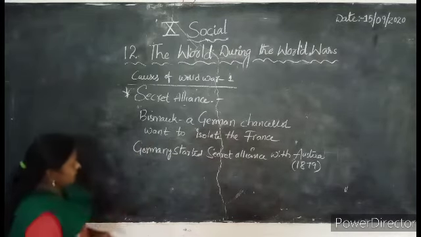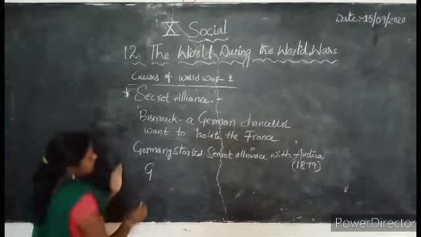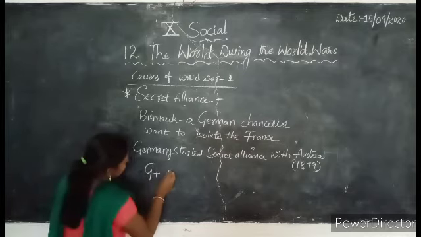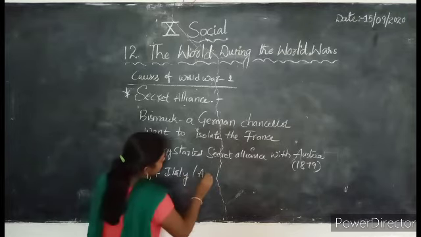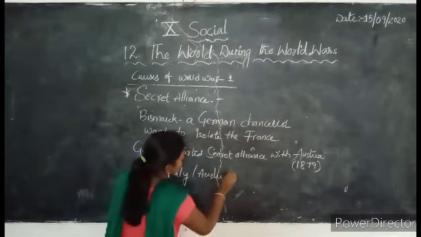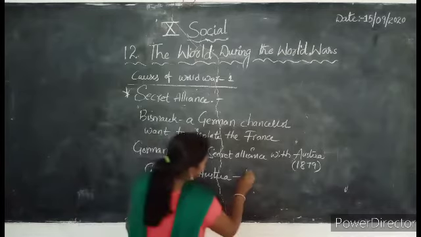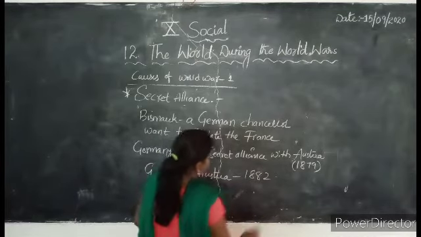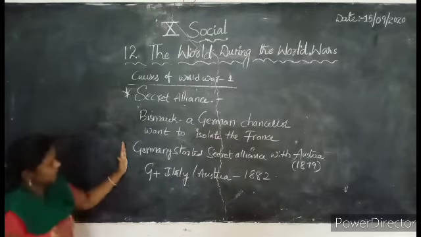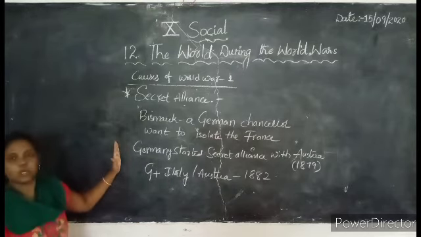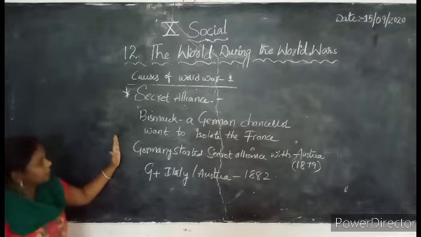Again, Germany started a secret alliance with Italy and Austria in the year 1882. So, now Germany made the secret alliance. Why did they make the secret alliance?